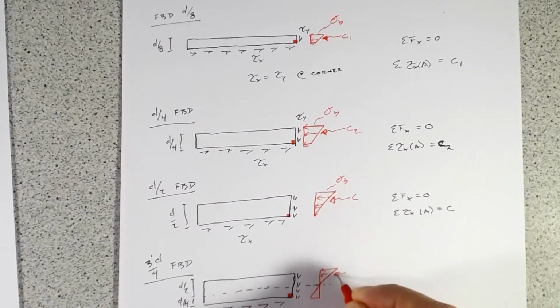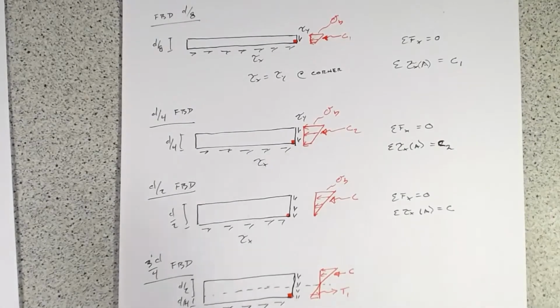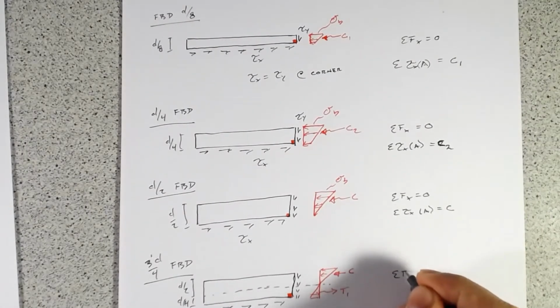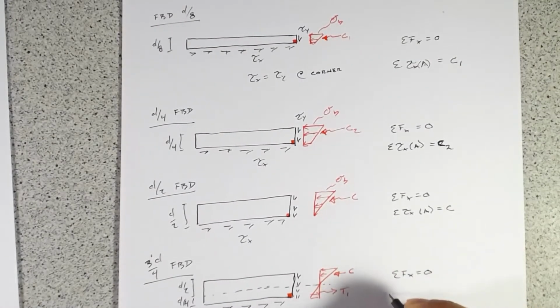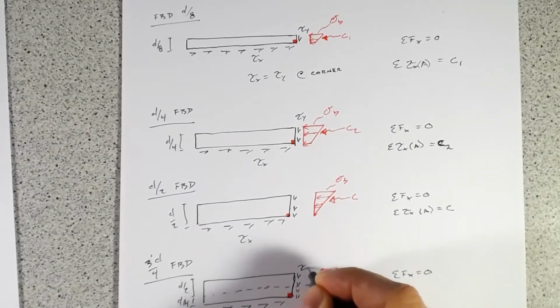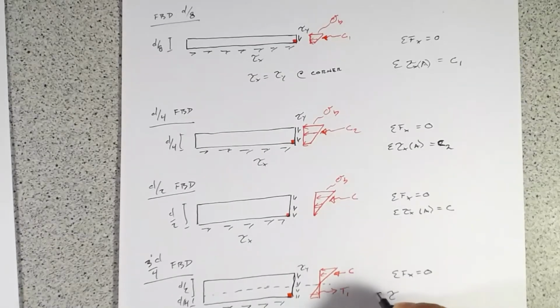So we have compression, and we'll call T1 just that small component of tension. So we sum our forces in the x, and that equals 0. So you've got the sum of tau x, and that's tau y. Sum of all of that, tau x over the area, has to equal C minus T1.